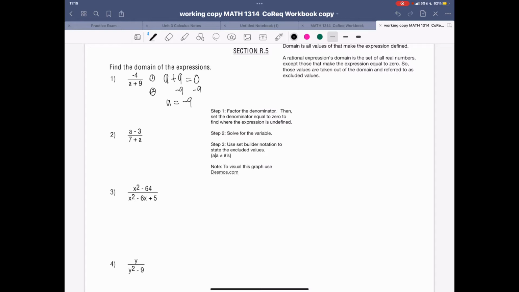And then we're going to use set builder notation to state the excluded values. This right here is the excluded value. Okay, so then we now say a such that a cannot equal negative 9. And if there's more than one number, we just put commas after each number.